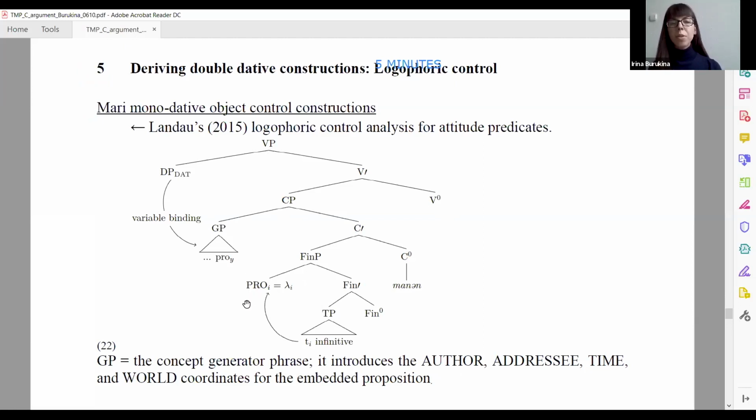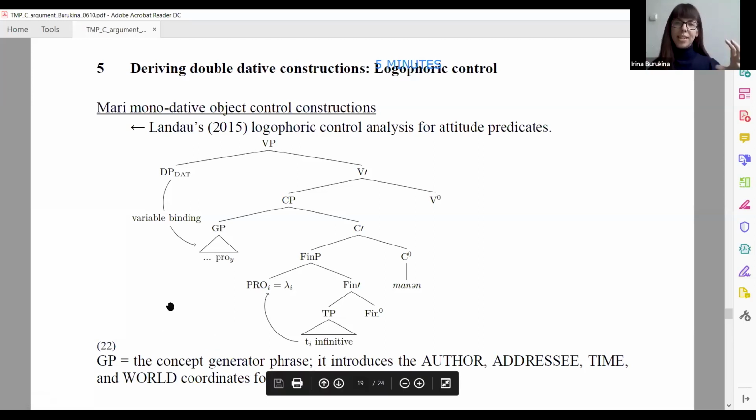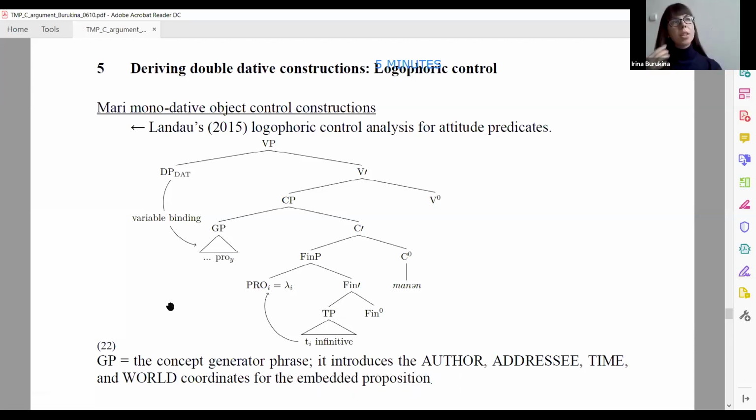So if we have only one dative DP, we have only the matrix addressee, right? In that case, Landau's analysis suggests that in the specifier position of the CP, we have the so-called context generator phrase, which introduces the coordinates that relate the embedded proposition to the broader context. So we have there the coordinates like the author, the addressee, the time, and the world.